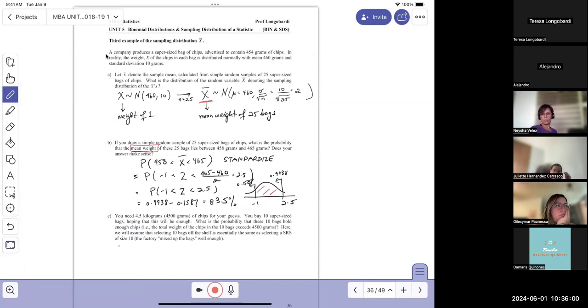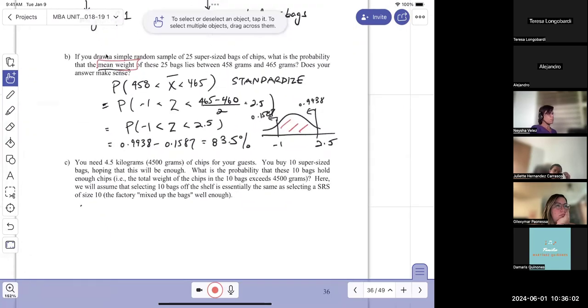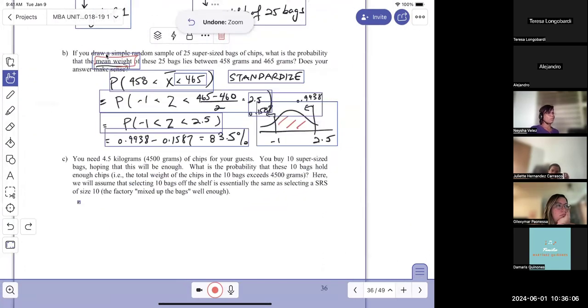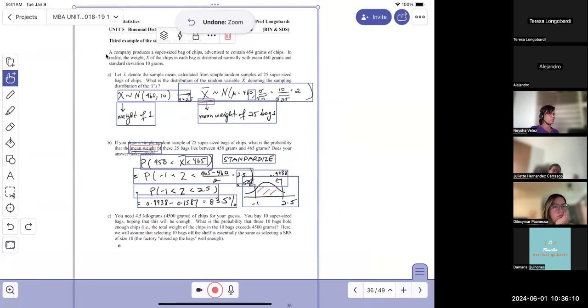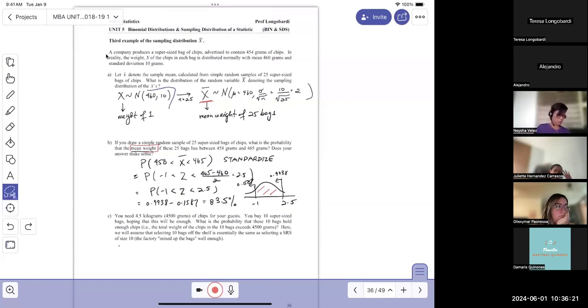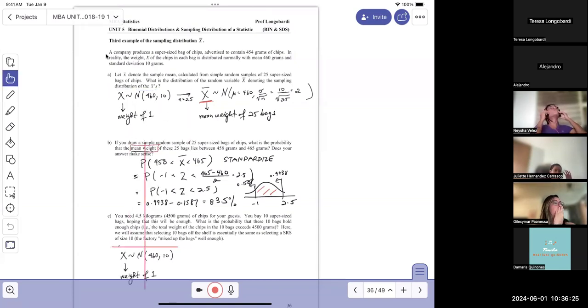So given X is normal, it's the same result there.